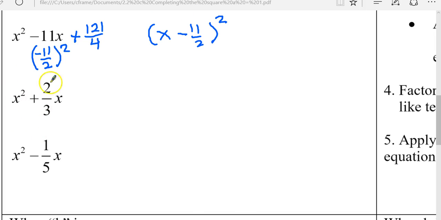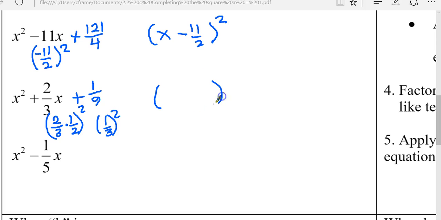Now we have the fraction b, which is a little more frustrating because you have to cut a fraction in half. A lot of times we'll just multiply it times half. When we do that, we get 1/3. So 1/3 squared is the number that goes here, and that would be 1/9. Come over here, open it up and factor it out.